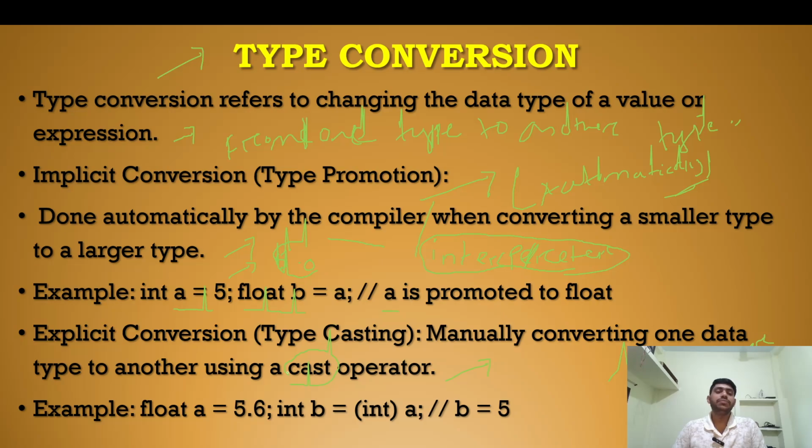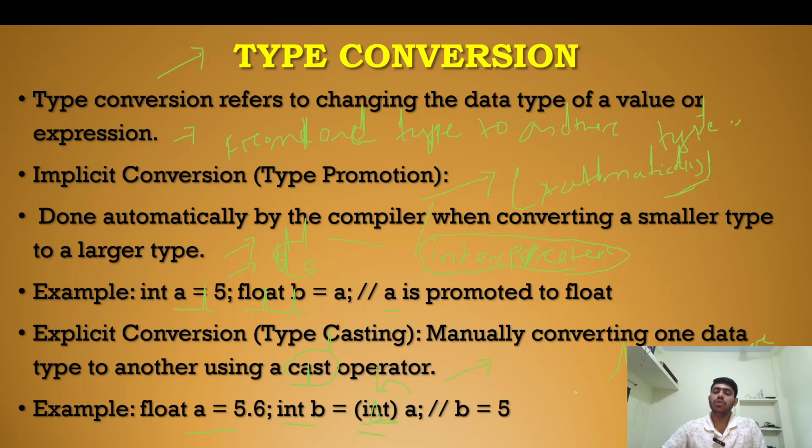You can see here float a equal to 5.6, int b equal to int. This is the cast operator. Which type you want to convert? You want to convert to int. So automatically 5.6 will be converted to which format? It will be converted to 5, integer.